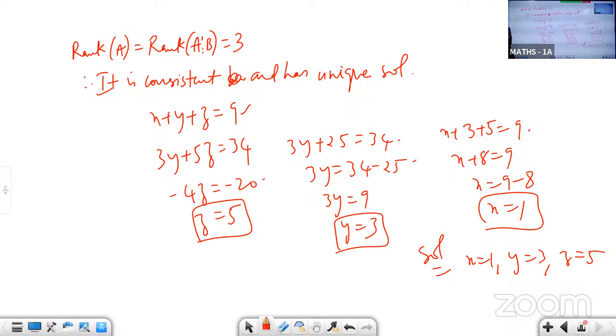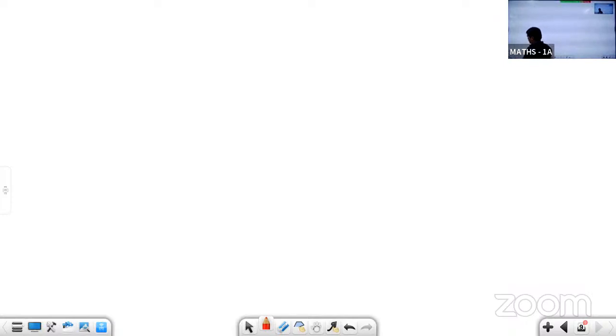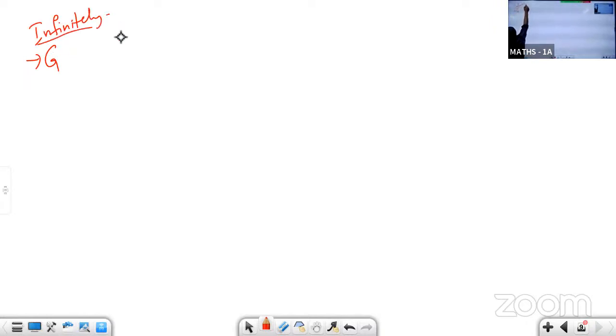Let us see one infinitely many solutions. For infinitely many solutions I'm talking about. Okay, given system of linear equations, x minus 3y minus 8z equal to minus 10.